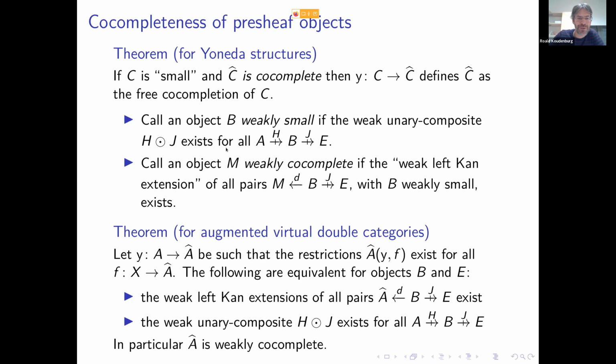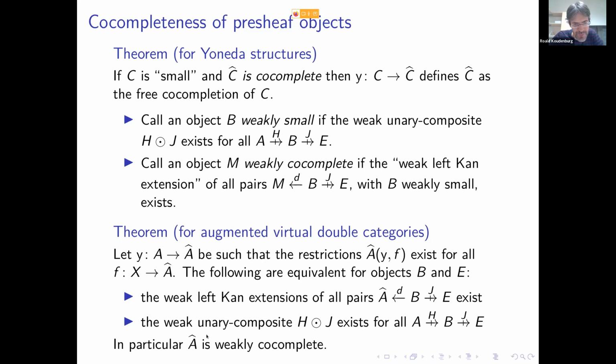Now, we can also prove that A hat is the free co-completion of A under some mild conditions, but then it will be a bit more complicated again. Then we need pointwise left Kan extensions, and they correspond to pointwise right unary composites. So I didn't want to go into that.